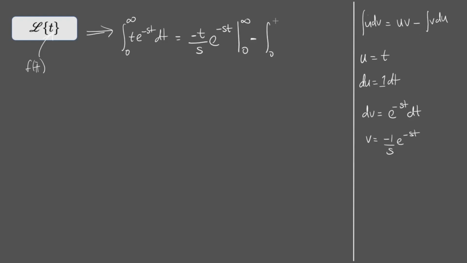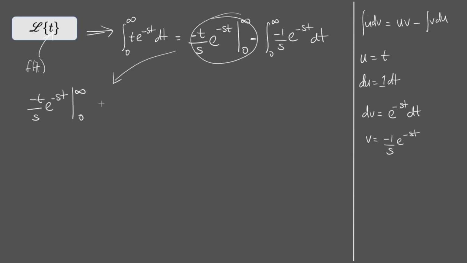From 0 to infinity, what's our v? Minus 1 over s e to the minus st. And du is dt. So that's minus 1 over s e to the minus st dt. Let's evaluate this first half and get that out of the way first. We're trying to work out minus t over s e to the minus st from 0 to infinity.